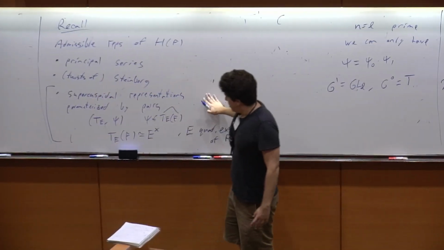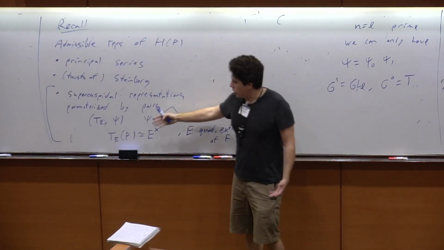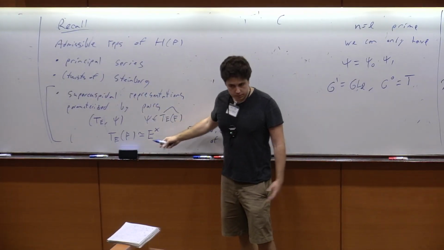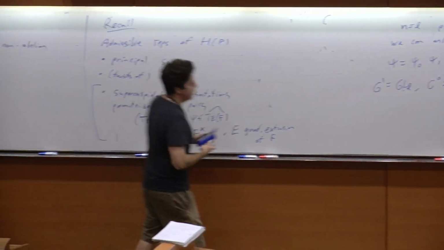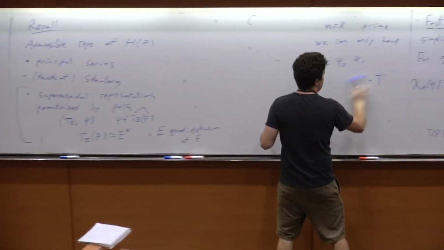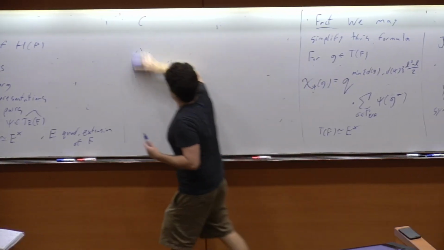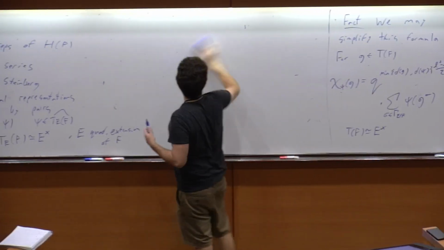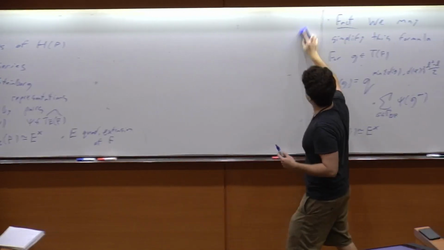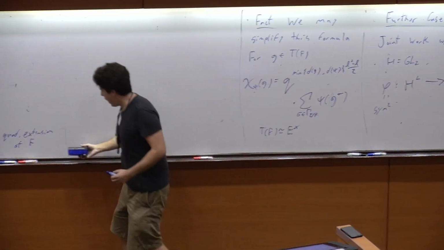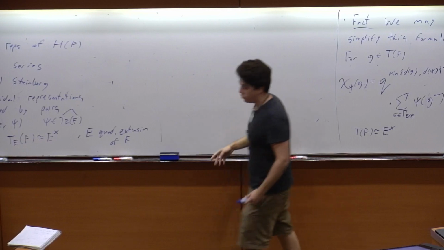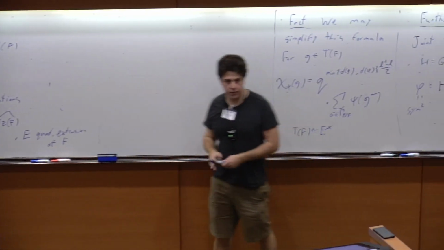So the supercuspidal representations essentially, fully just fall into these 3 families. So what I want to talk about here is what the symmetric square power does to these representations, and then how we can compute this stable transfer factor kernel, given that information.